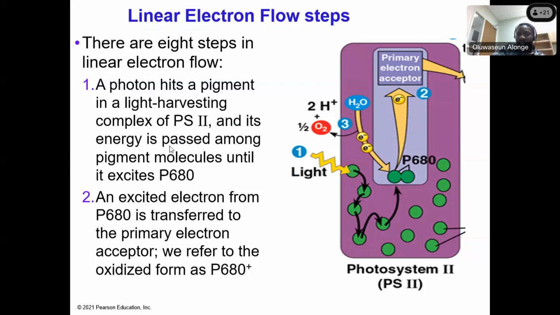You see its energy is passed among the pigment molecules until it gets to P680, which is the chlorophyll A, the reaction center there. An excited electron from P680 will be transferred to the primary electron acceptor here, which refers to the oxidized form of P680 plus. So P680 will be oxidized, right? And now it's going to be P680 plus because it's oxidized.